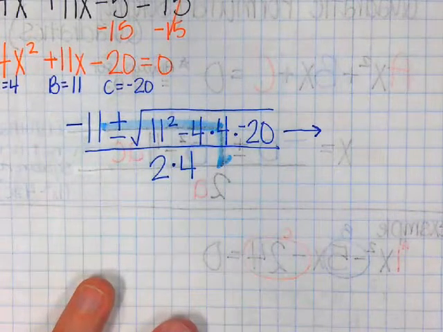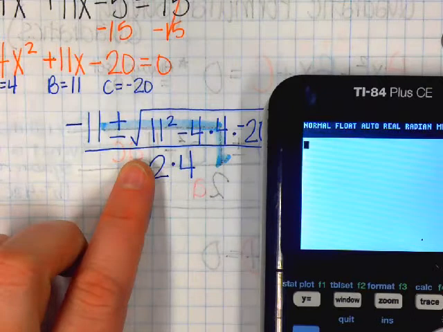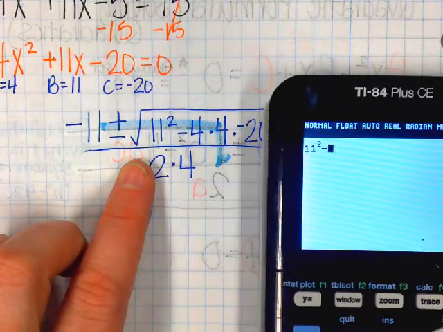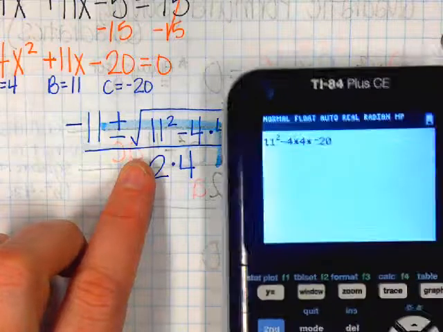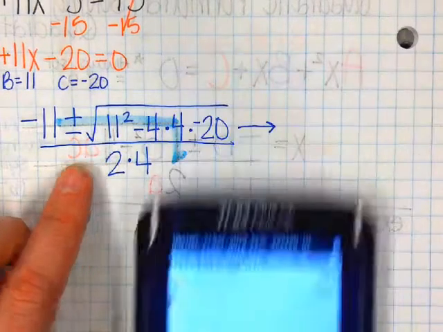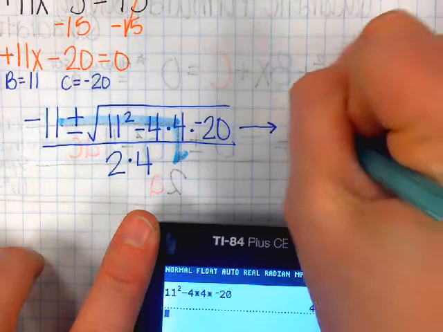Okay, again, I'm going to go off to the side and type this information in my calculator. 11 squared minus 4 times negative 20 is 441.